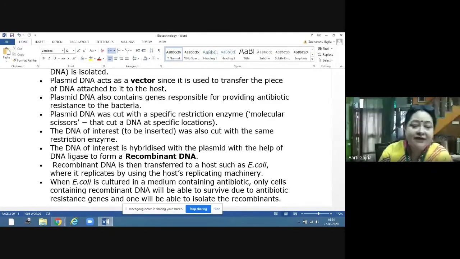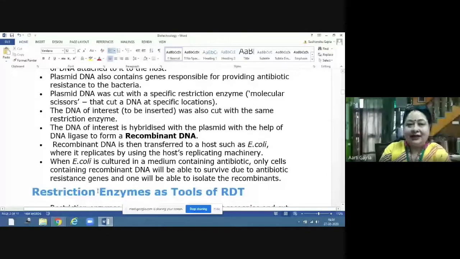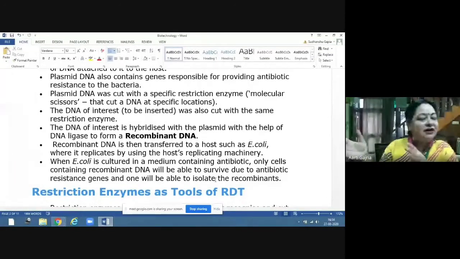Now, when this E. coli is cultured in a medium containing antibiotic, only cells containing recombinant DNA will be able to survive, because only the recombinant ones have the antibiotic resistance quality. The others have not got it. So we can separate which one has got the recombinant DNA and which one has not.